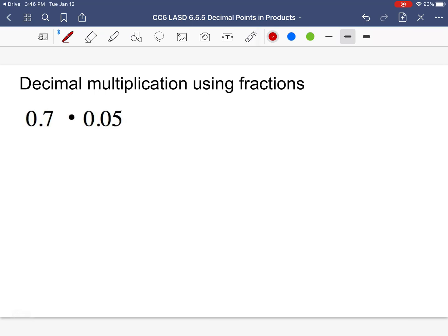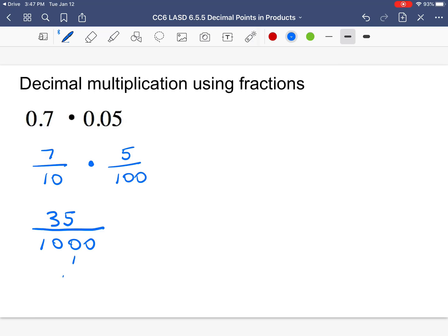You can do decimal multiplication using fractions. So you have 0.7, which is 7/10, times 0.05, which is 5/100. That is equivalent to 7 times 5 is 35, divided by 10 times 100 is 1000. And we know that 1000 is 10 times 10 times 10.